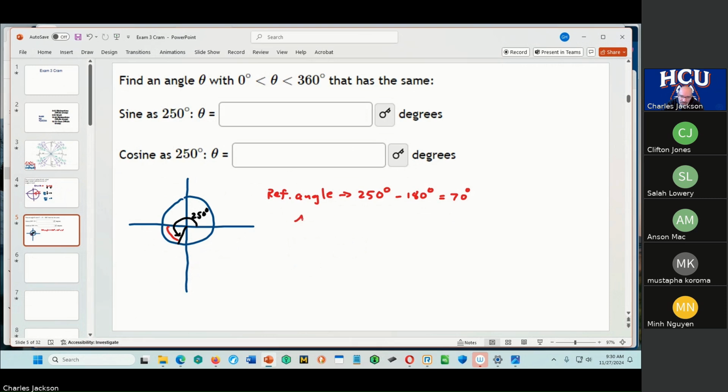If you ask the calculator for the sine inverse, sine inverse is the angle such that the sine is whatever. Oh, well, we could just ask for sine of 70 degrees straightforwardly. Sine 70 degrees.